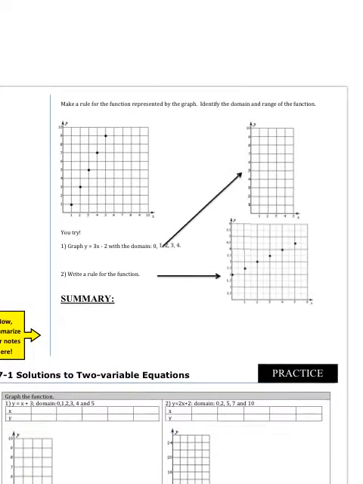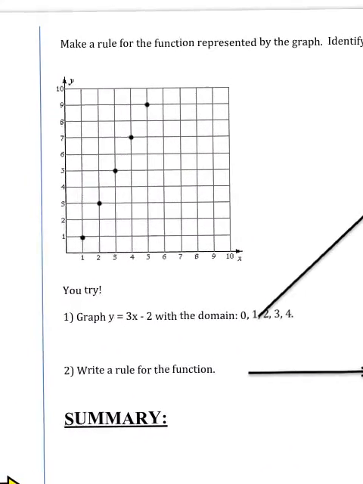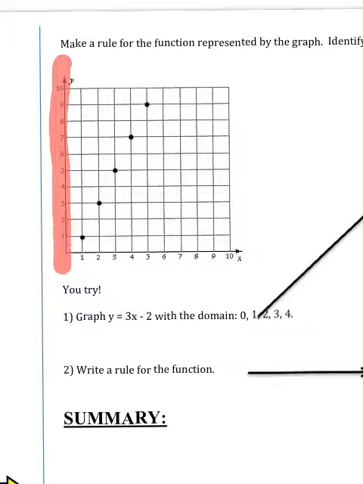So now we're going to make a rule for each of these. Okay? So we have here our starting line, but we don't have a point on that line. So we're going to let that go for a minute. But we can see from each one of these dots how far we go up and over. Make that a little skinnier line. Okay?